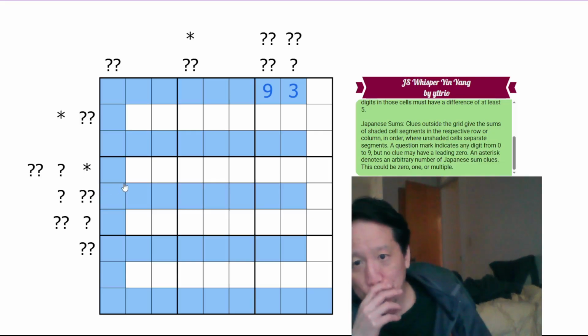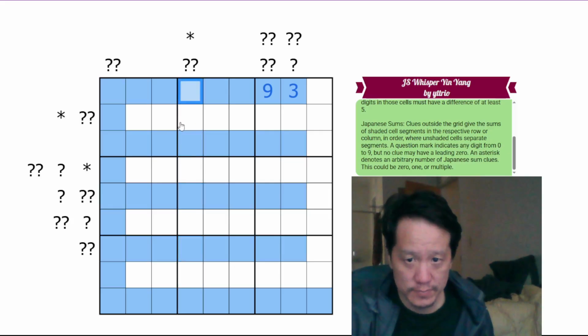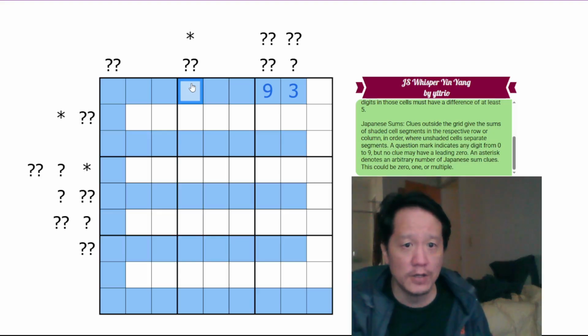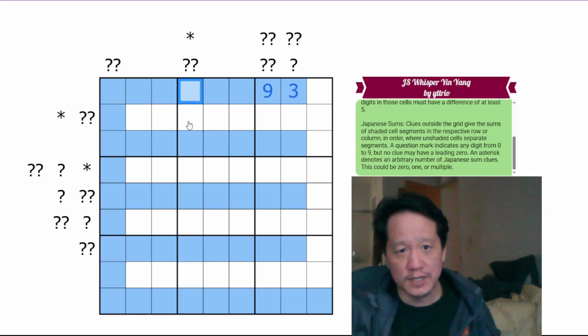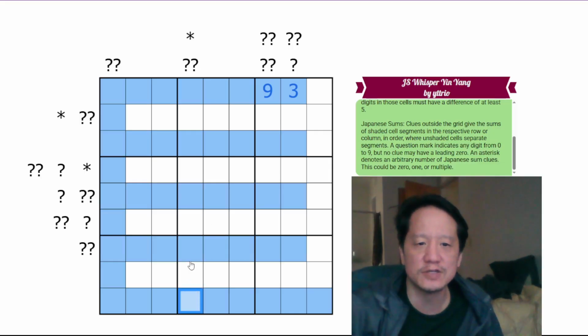Interesting. So that means in, for example, column 4, you could have an arbitrary number of Japanese sums clues. It could be 0, so that means we could have just one segment of shaded cells in column 4, or it could be as many as you want. In this case, it could be 4, and then this would have to add up to a 2-digit sum for this segment. Obviously, that doesn't quite work, so there's a problem there.